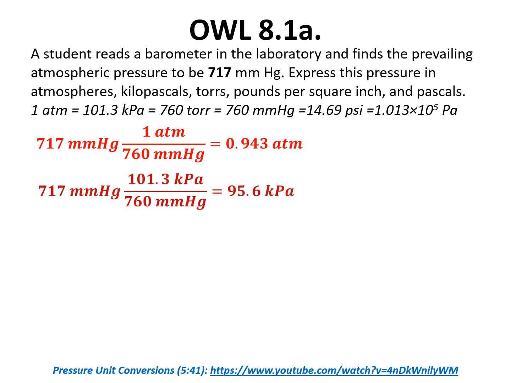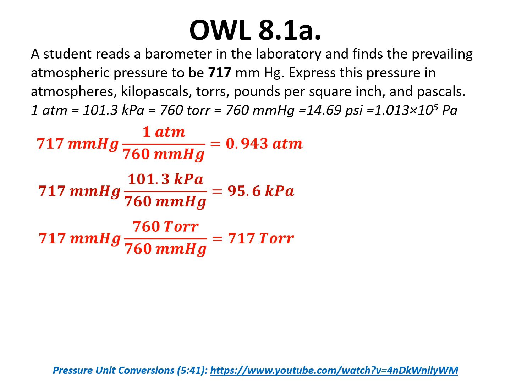We could do a similar type calculation and convert from millimeters of mercury to kilopascals, okay? And so 101.3 kilopascals is equivalent to 760 millimeters of mercury, and when we perform this calculation, we get 95.6 kilopascals. Of course, torr and millimeters of mercury are the same thing, and so you don't really have to show a calculation for that.